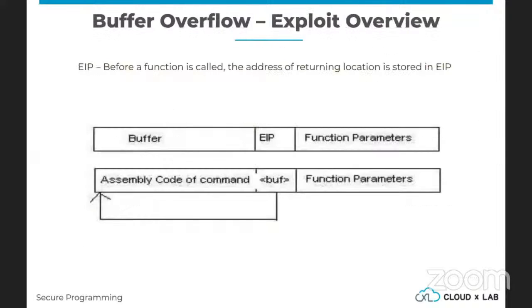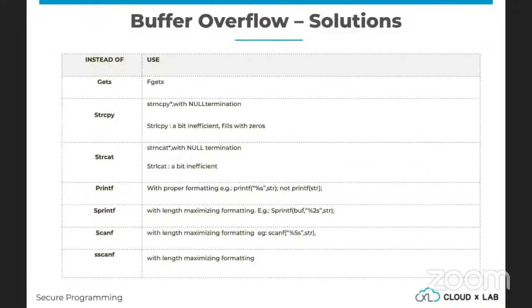All right, now how can you avoid the buffer overflow? The first one is understand the library. What are you going to use? And use the function correctly. If you are in C or C++, instead of gets, use fgets. Instead of strcpy, use strncpy. Correspondingly with strcat.